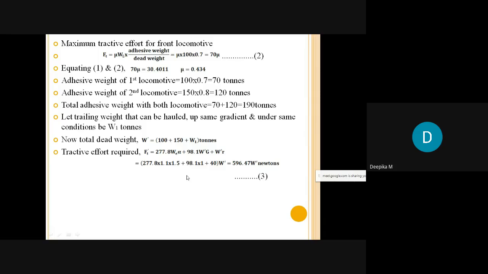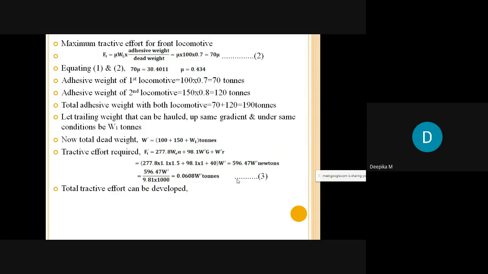Again I'm substituting all the data as it is. Let this be equation 3. Let us convert this Newton to ton by dividing the answer by 9.81 into 1000, which will become 0.0608 W dash ton.